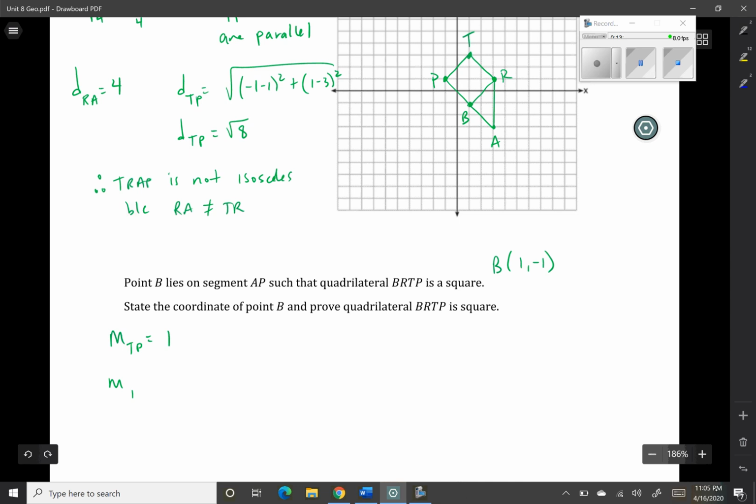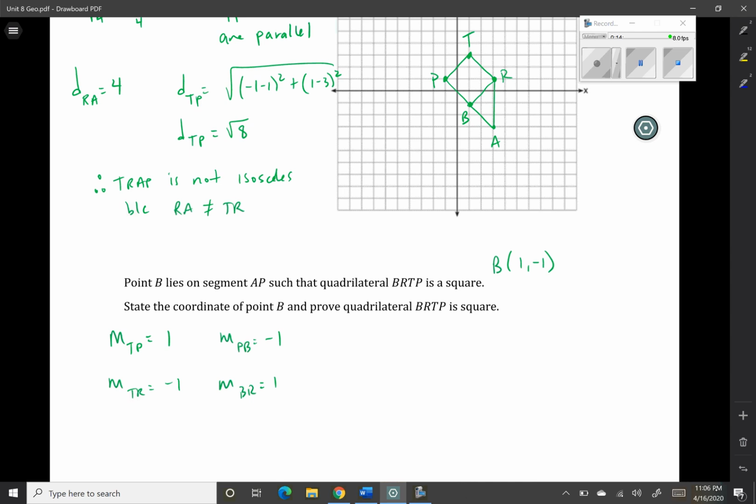The slope of TR, which I already found was negative 1. The slope of PB, that's down 2 to the right 2, so that's going to be negative 1. And the slope of BR, that's positive 1. Just that little bit of work helps prove that it's a parallelogram, and it helps prove that the segments are perpendicular because these slopes are negative reciprocals.